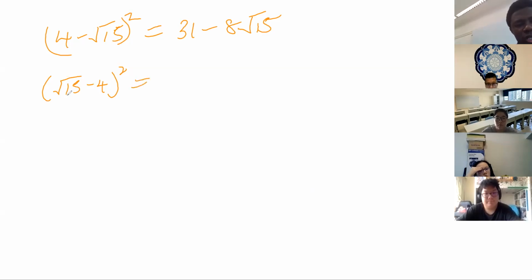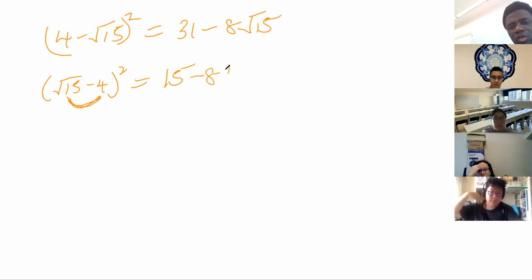So if we do this, the first would be root 15 times root 15, that is 15. Then we have root 15 times 4 twice, that would be 8 root 15. Then we have minus 4 squared, that would be plus 16.